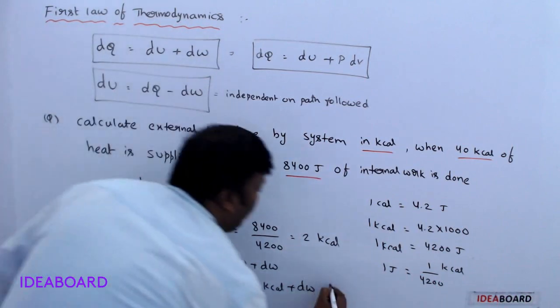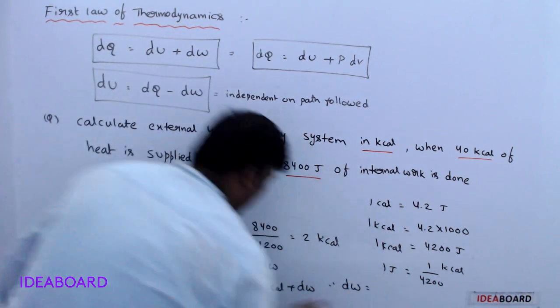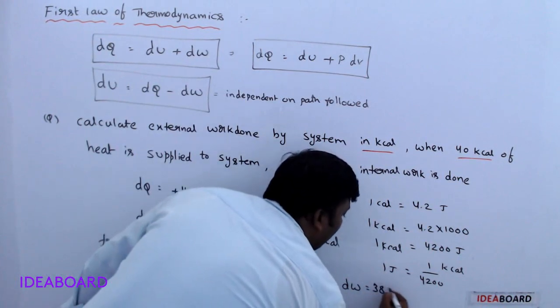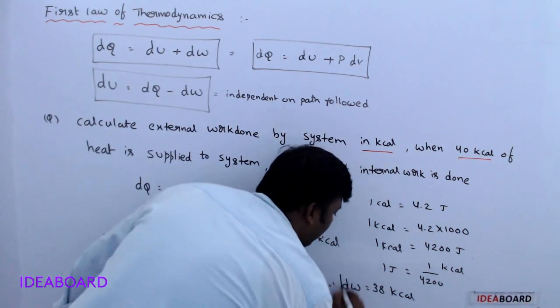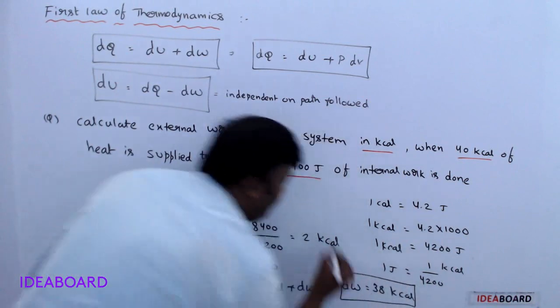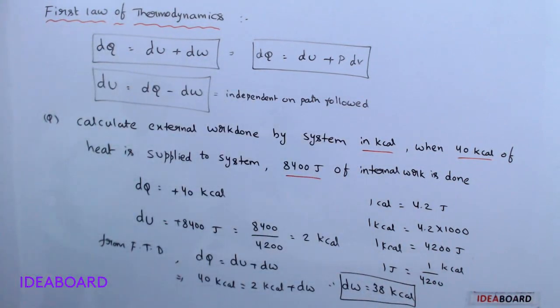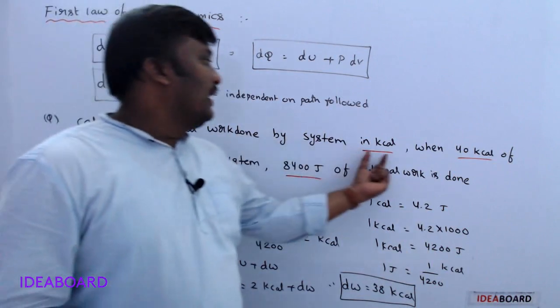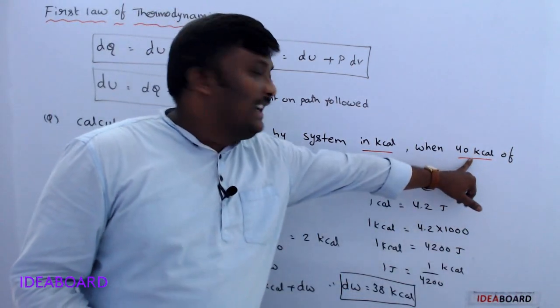Therefore dw is equal to 40 minus 2, means 38 kilocalories. What is the answer you got? 38 kilocalories. Understand now?